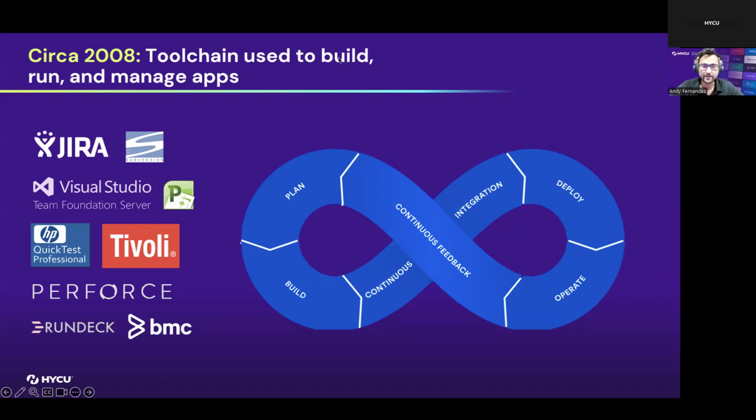I'd love to hear, and I'll follow up on the chat if anybody wants to share what kind of services they were using nearly over 20 years ago. I'm going to pause for a few seconds to see if anybody wants to add any of the services that they were using. Okay, yeah, obviously Jira Server. We've got a couple folks using Jira Server and even the old BMC days as well.